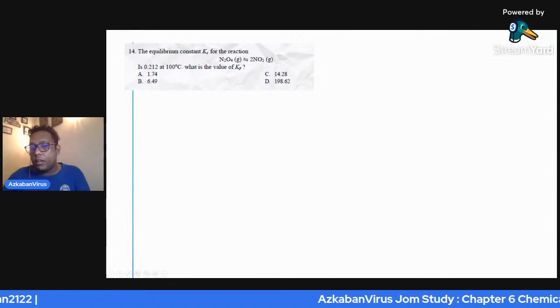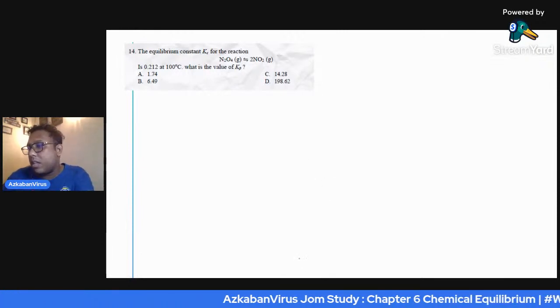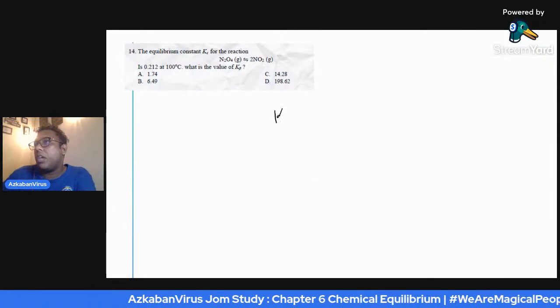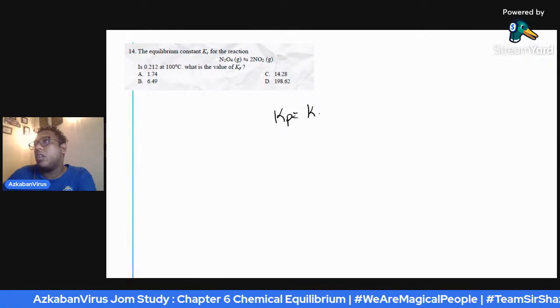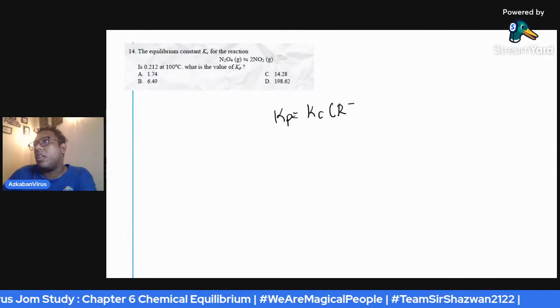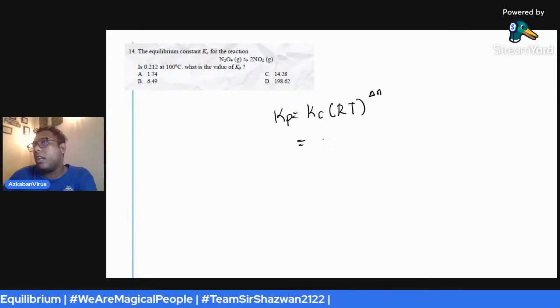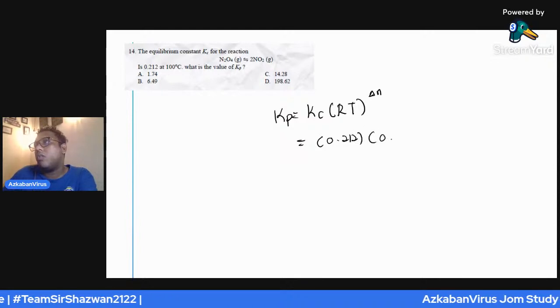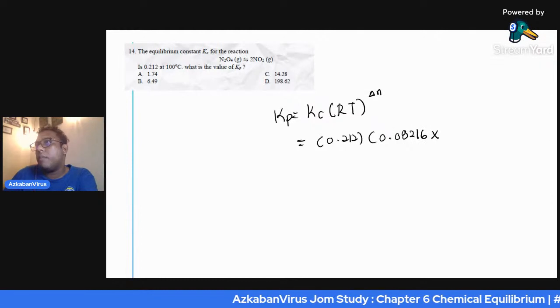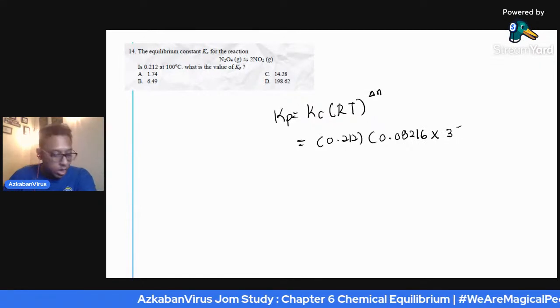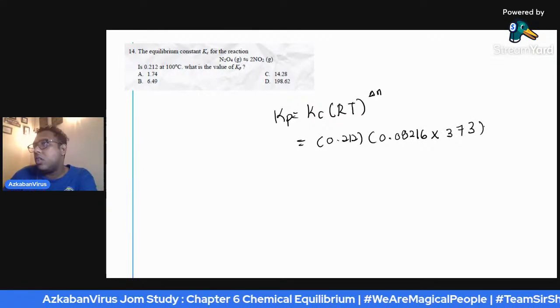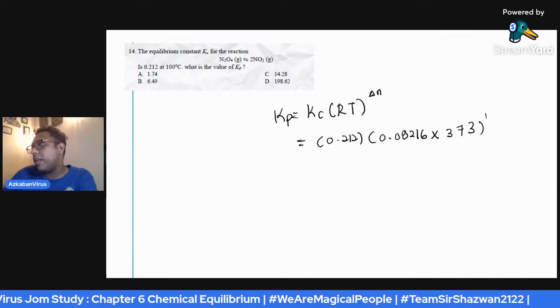Sama juga kita. Kp is equal to Kc RT to the power of delta n. Kc kita adalah 0.212, R kita adalah 0.08216, darab dengan T kita adalah 373 to the power of 1.